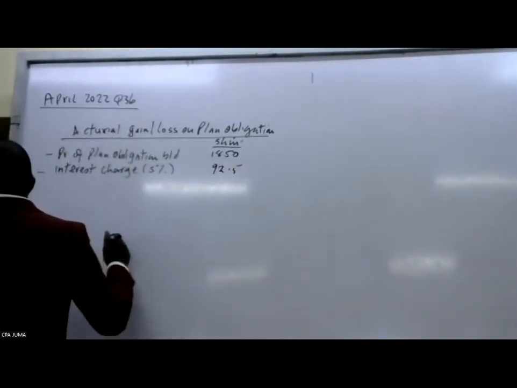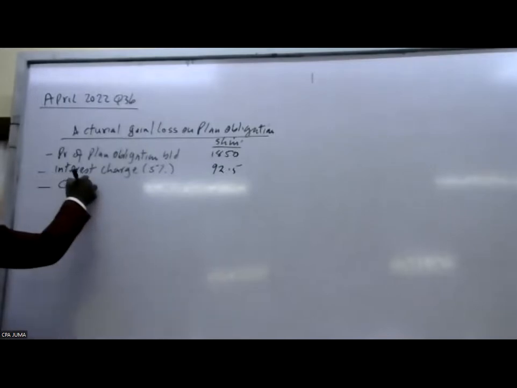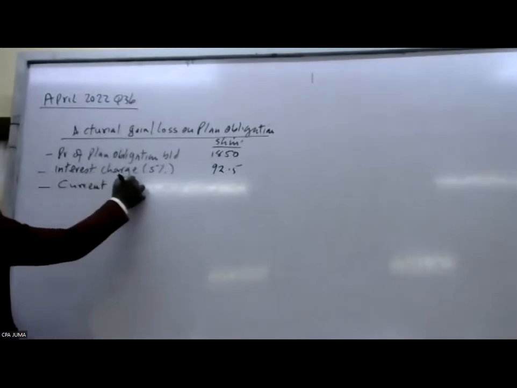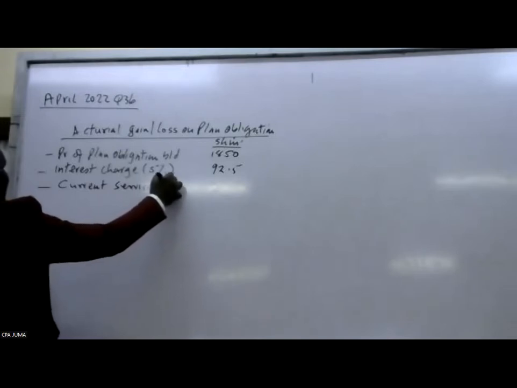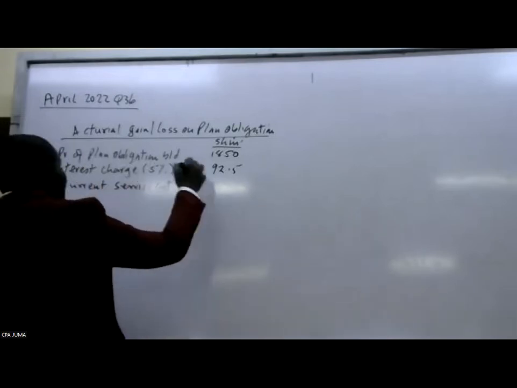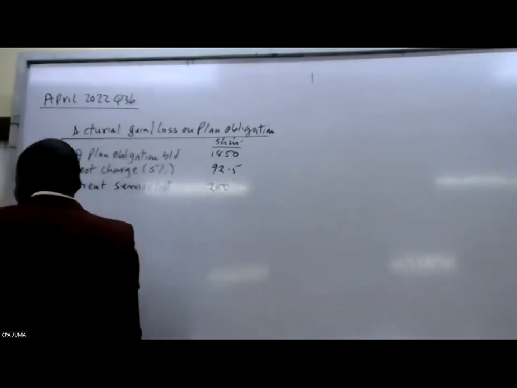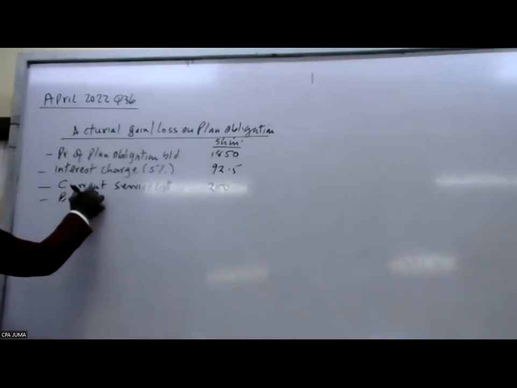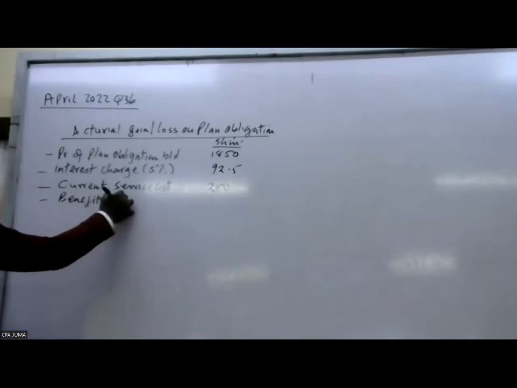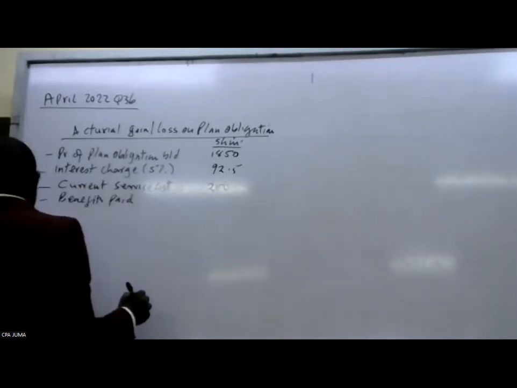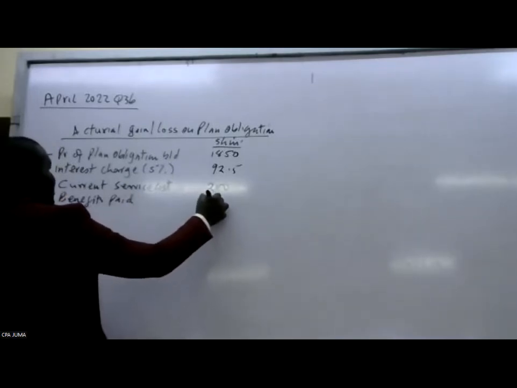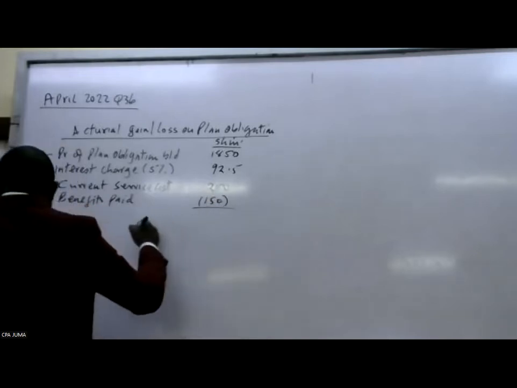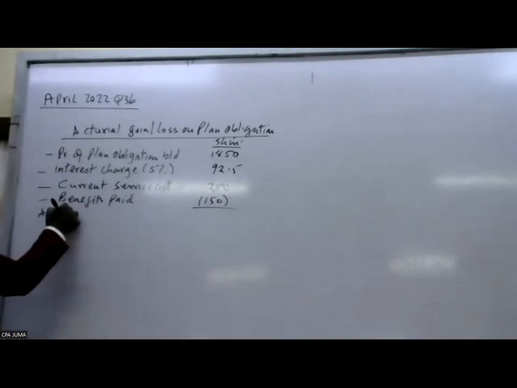Then current service cost, we have 200. Benefits paid. Benefits paid is 100 and 50. Subtract.